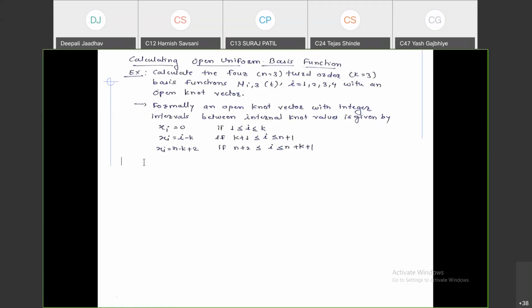To solve this knot vector from 1 to n plus k plus 1, how many total knot values are there? i ranges from 0 to n plus k. n is equal to 3 and k is equal to 3, so it is 0 to 6. So there are a total of 7 knot values.